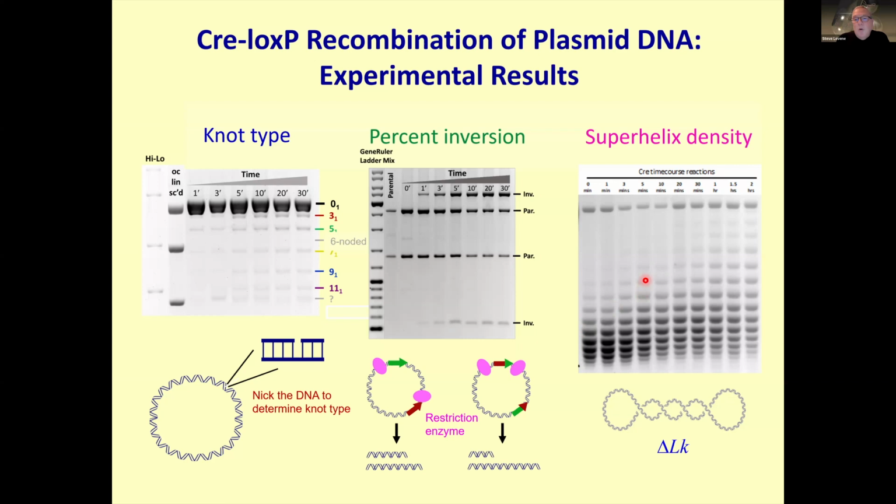And now, these are so-called topoisomer gels. These are gels that are run in the presence of an intercalating drug that enables us to resolve DNA molecules by linking number. And what you can see is that over the course of the experiment, up to 2 hours, there's a progressive relaxation of the DNA, a loss of excess supercoiling.